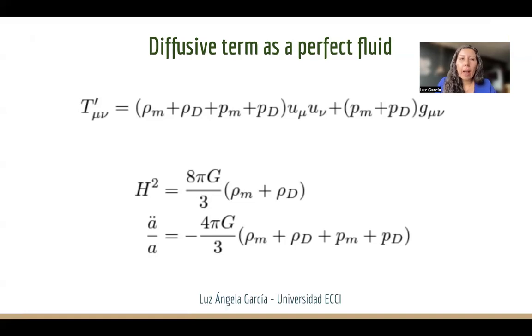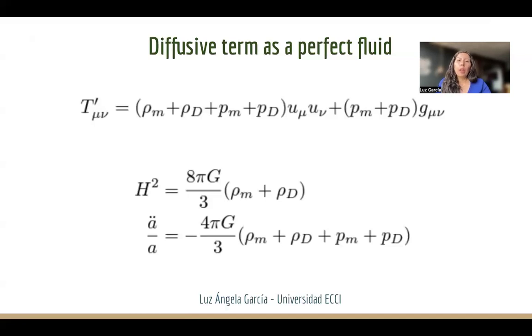In this case, we're going to introduce a perfect fluid with a barotropic equation of state. And this is what we get for the energy tensor that now includes a term for the energy density and the pressure defined by the variable d that accounts for diffusion.